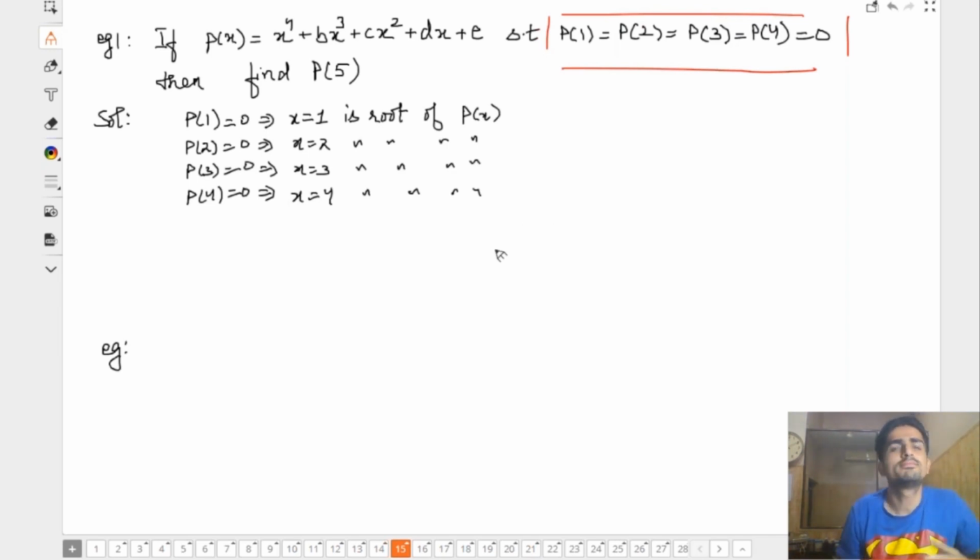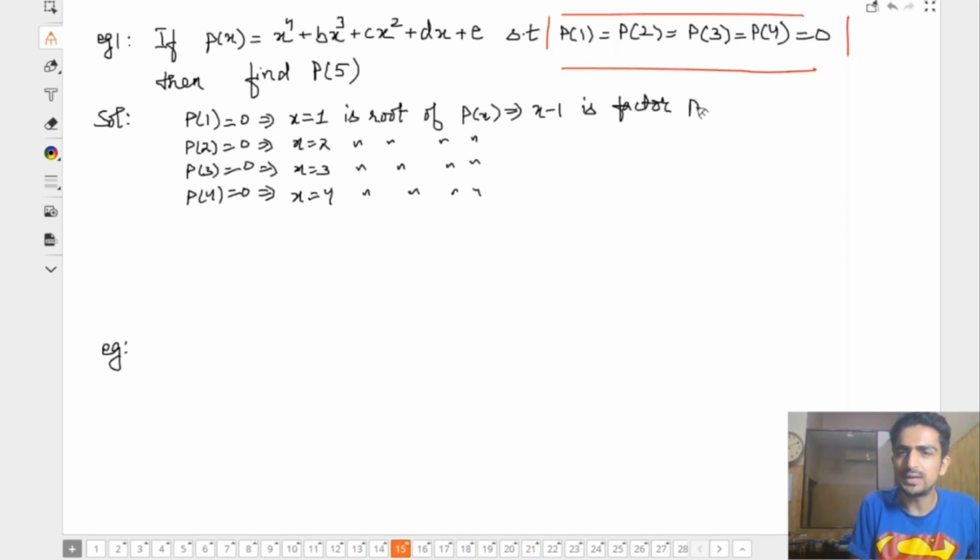Now, clearly factor theorem comes into play. What does this tell me? It tells me x minus 1 is a factor of p(x). This tells me x minus 2 is a factor of p(x).